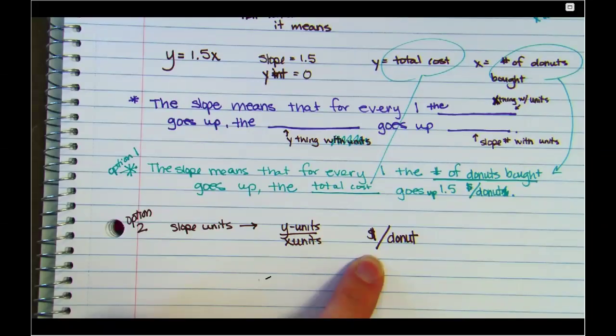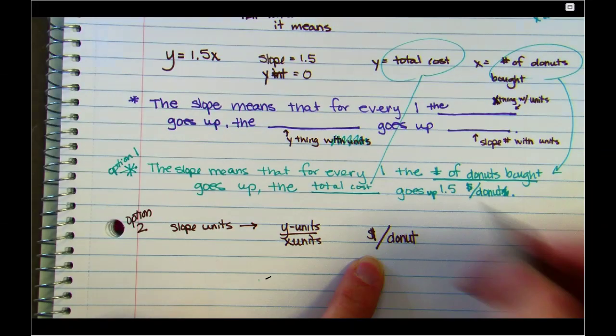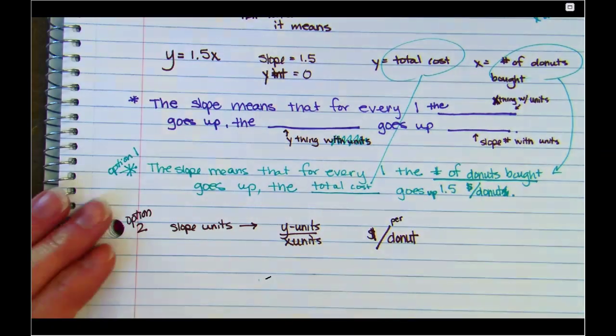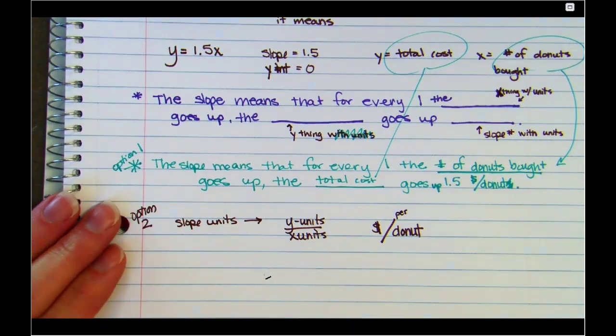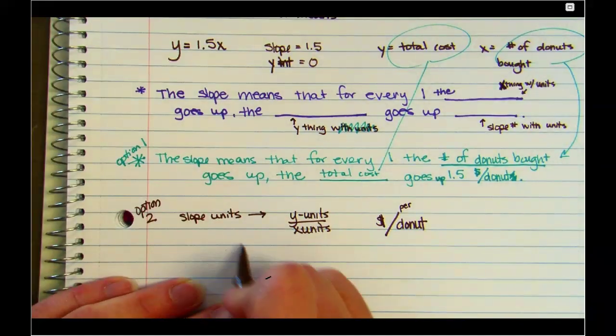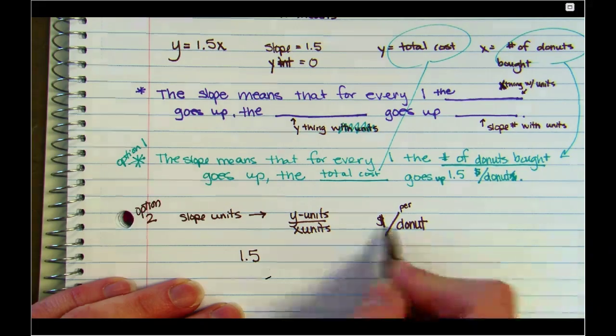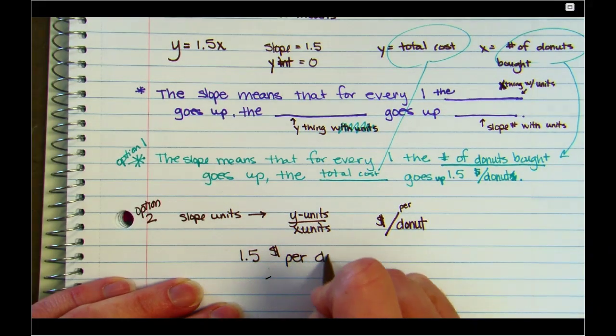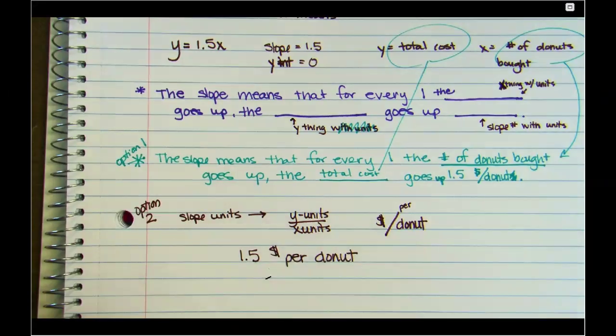And this line gets translated into the word per. So when you write it, it's the slope is 1.5, and then you put this into words. Dollars per donut. That's what the slope tells you.